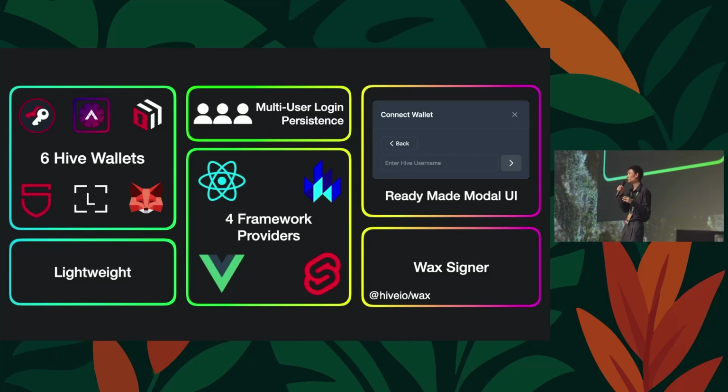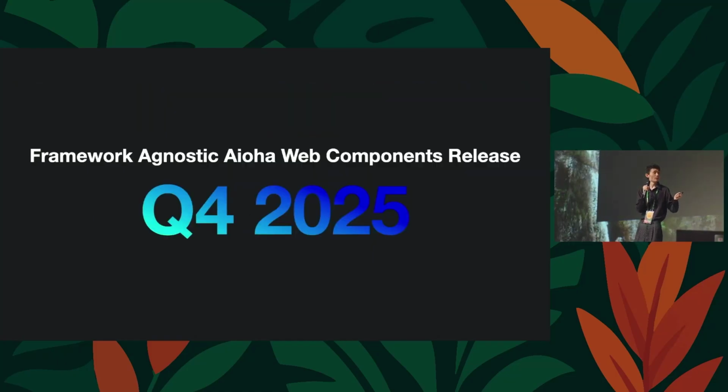So if you are using that feature-rich library, you can use Aioha as the Wax signer as well. If you are wondering about other frameworks like Vue, Svelte and so on, we will have framework-agnostic web components for Aioha coming by the end of the 4th quarter of 2025.